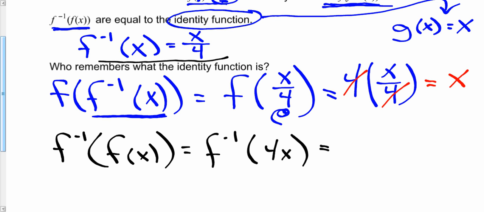So now, I take whatever's in the parentheses, and I take it and I divide it by 4. What do I got in parentheses down here, Logan? I got 4x, exactly. So I take 4x, and I do what to it, Dawson?